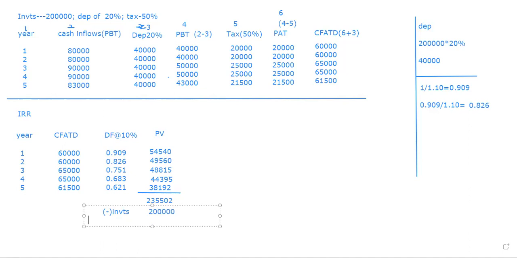Then I'll get my NPV to be 35,502. So this is how I got it, which is a far larger amount. So now one positive, I got it. Now I need a negative.